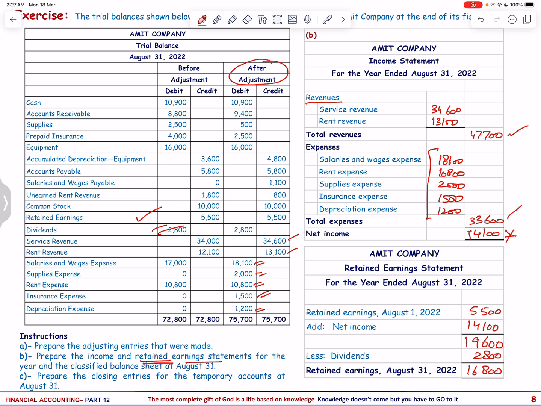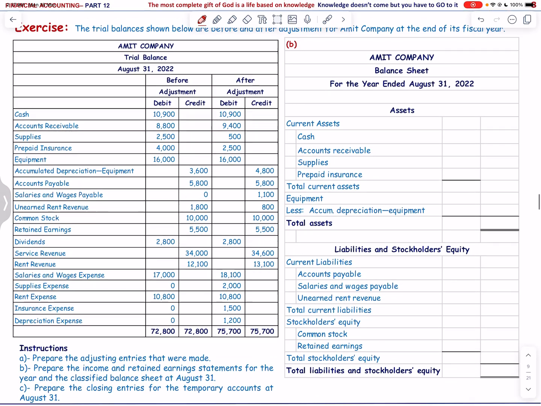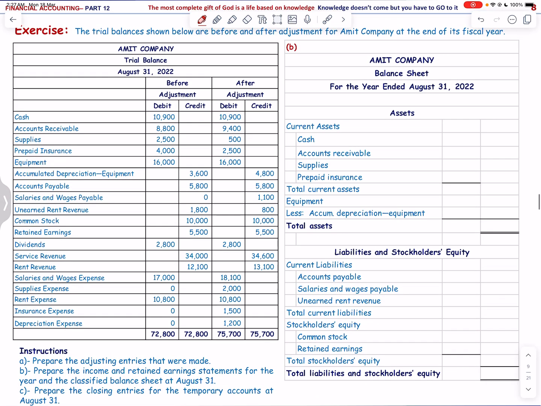Now to prepare a classified balance sheet, we will look into again the after adjustments. Cash is 10,900. Accounts receivable is 9,400. Supplies is 500. Prepaid insurance is 2,500. So the total current assets is 23,300.